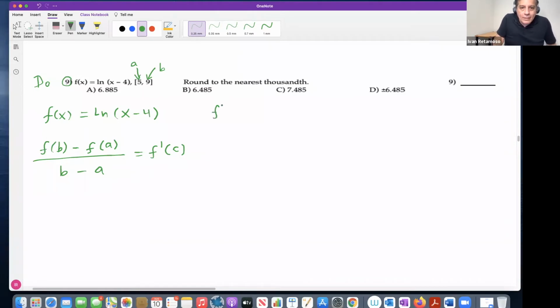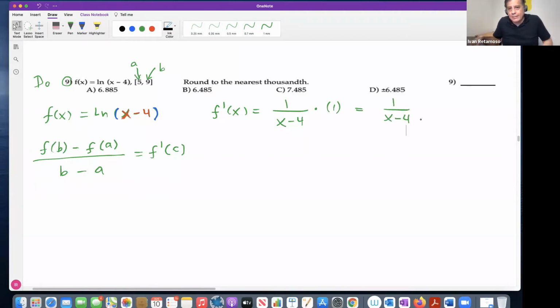The derivative of this is going to be 1 over the inside function, because the derivative of the outside function is this, and this is the inside function. So 1 over this guy, the inside function, times the derivative of this, but the derivative is just 1. So take this as your derivative and do the rest, please. Finish this up, guys.